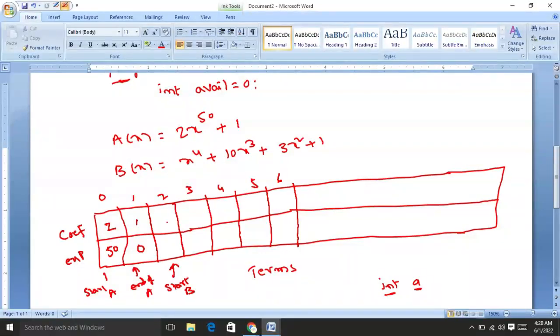Now the coefficient is 1 and exponent is 4, and coefficient is 10 and exponent is 3, and coefficient is 3, exponent is 2, and coefficient is 1 and exponent is 0. This is actually the end of the B polynomial. So the next location is available memory, so avail equals this one. Okay friends, I hope you can understand how to represent the polynomials. Okay, thank you.